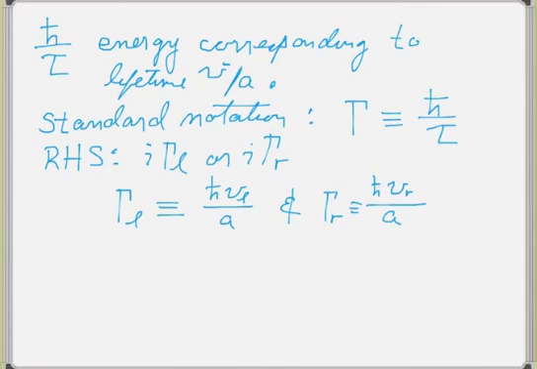Let's write them out as t e to the i k a equals t cosine ka plus i t sine ka.